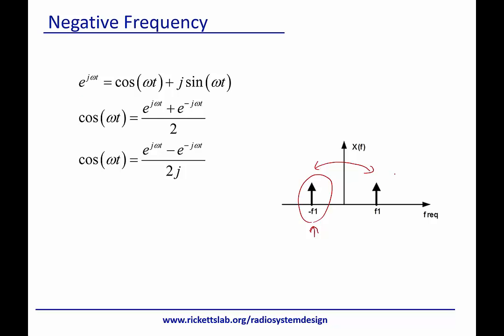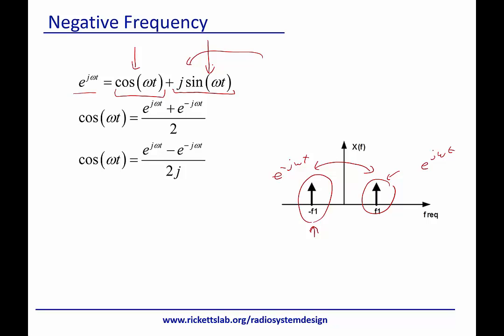If you think about these as plotting e to the j omega t, and this is e to the minus j omega t, we know that e to the j omega t is cosine omega t plus j sine omega t. So if I just had one of these, I'd get a real part and I'd get an imaginary part. So I wouldn't have a completely real signal.